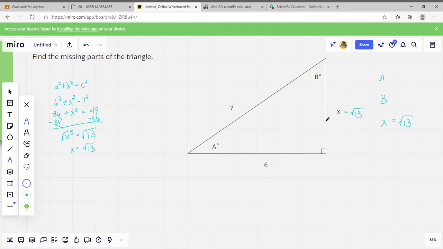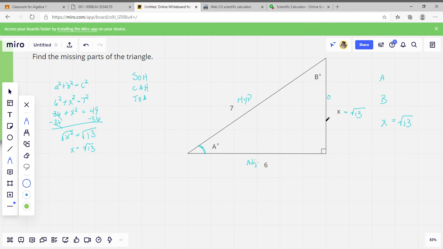And then to find one of these angles, we can do SOHCAHTOA. Let me erase that. Back to my pen. SOHCAHTOA. Okay, so if we're going with angle A, we're going to say our hypotenuse is here. And this will be our adjacent.